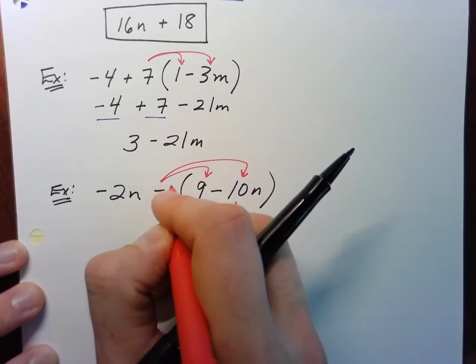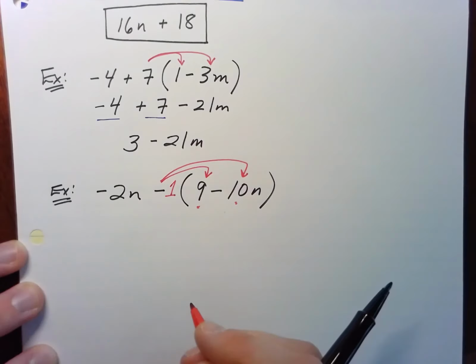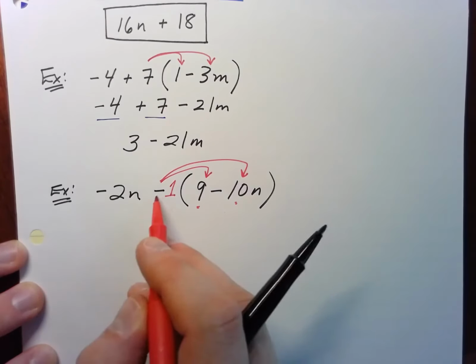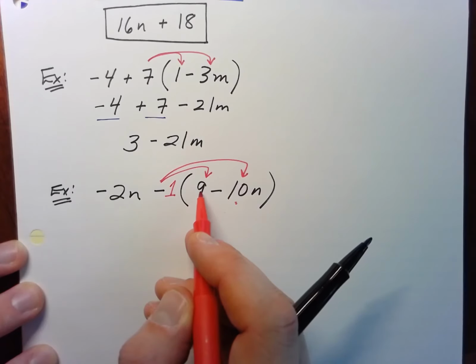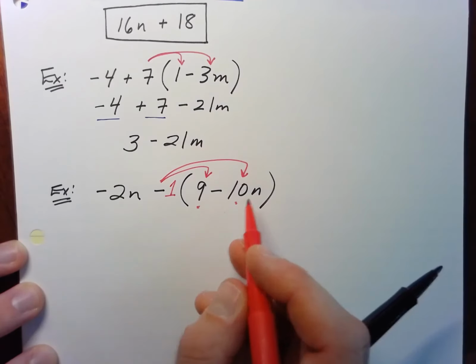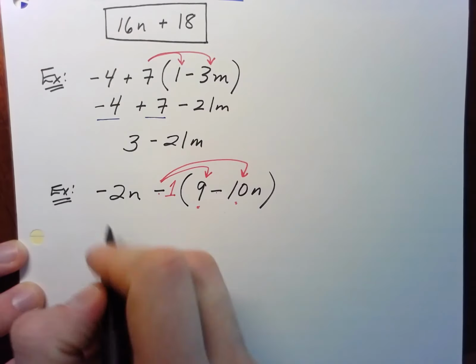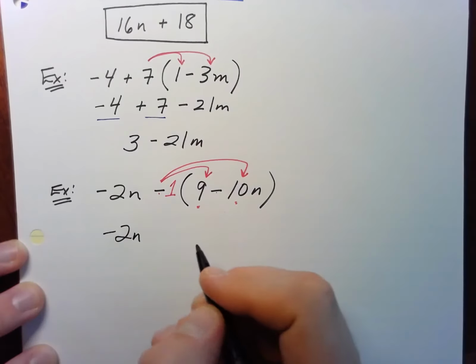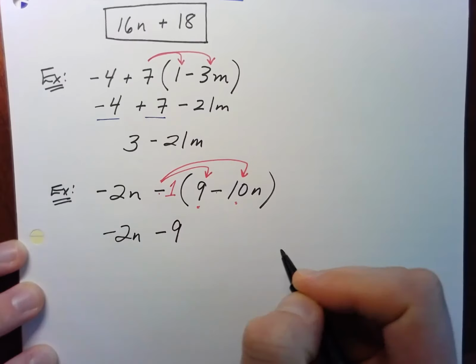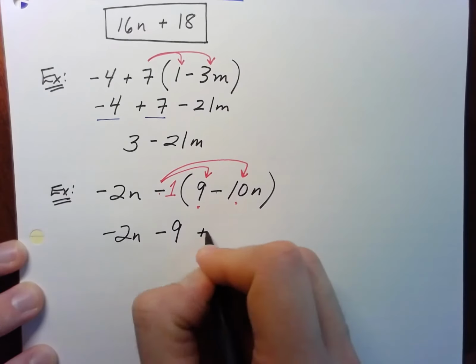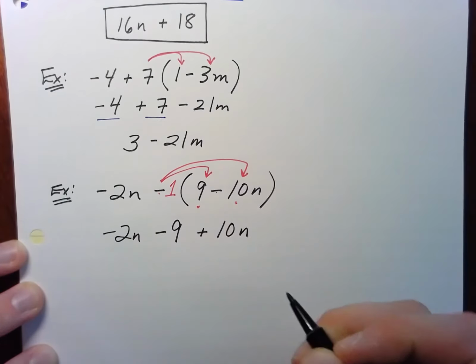You can also think of it as distributing a negative 1 there. And so negative 1 times 9 and negative 1 times negative 10. And this negative times negative is going to make that a positive. So I'm not doing anything to that yet. That's going to make that a negative 9, and that's going to make that a plus 10n.